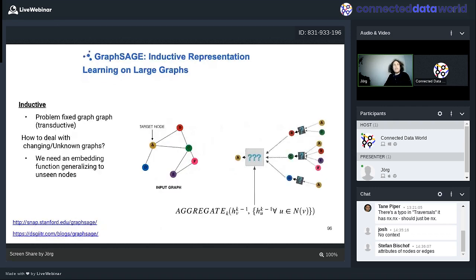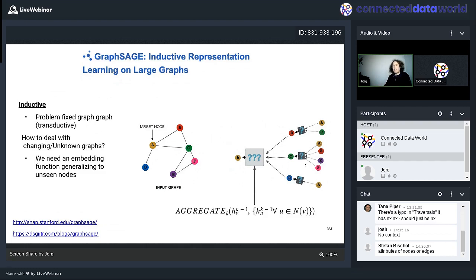So first of all, they made it into an inductive problem. So we can deal with changing or even unknown graphs. And how do they do that? They basically create an embedding based on a sample of the neighborhood. So if this here is our target node, we want to aggregate over the aggregates of our samples.